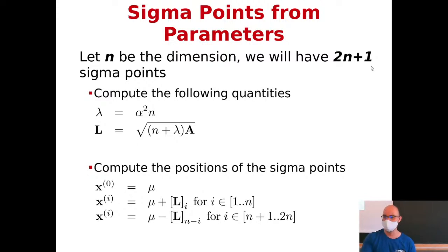The very first thing that you have to do is to compute one quantity which is called lambda, which is a number that depends on the dimension n of the Gaussian, and clearly on the parameter alpha that I was talking about before. Then you extract the Cholesky decomposition of the matrix A multiplied by this famous n plus lambda. Clearly you could also extract the Cholesky decomposition of A and multiply this matrix by the square root of n plus lambda, which will be completely equivalent.